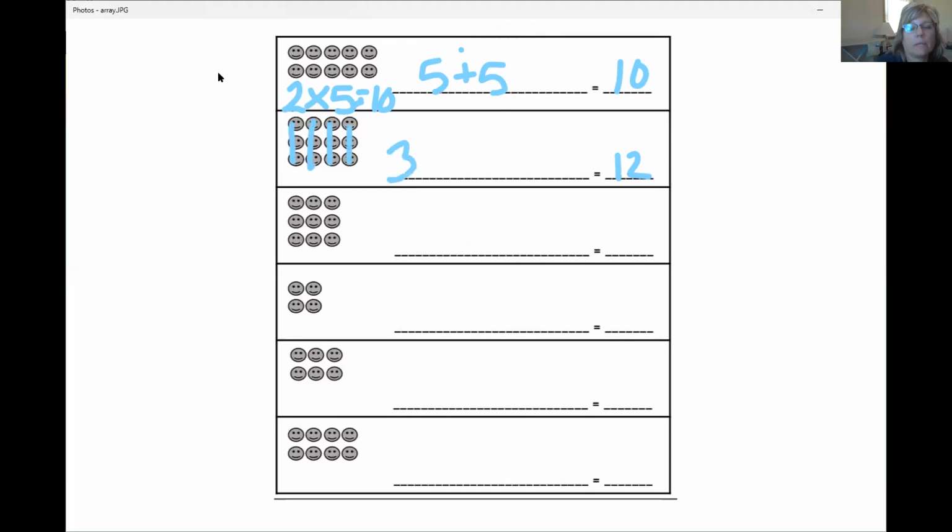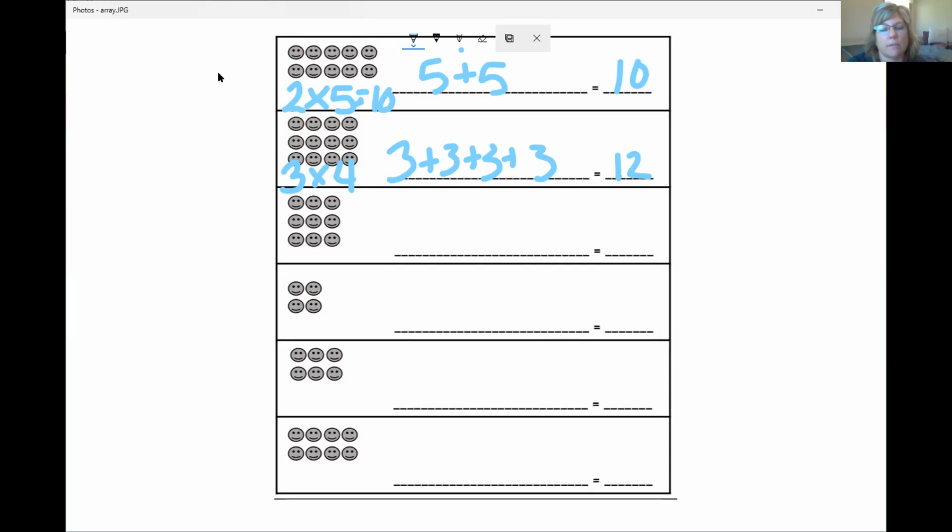So we could do 3 plus 3 plus 3 plus 3 and get 12. Let's turn that into a multiplication problem. I see 3 rows times 4 in each row. And when I do that, I get the answer of 12.